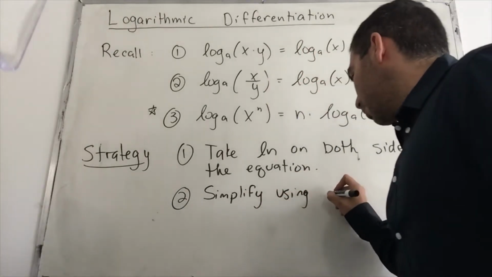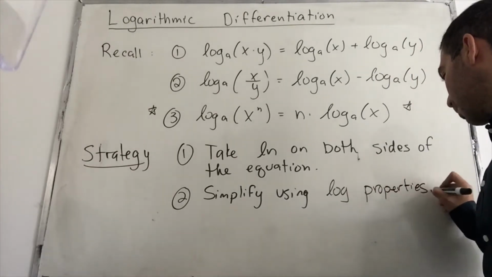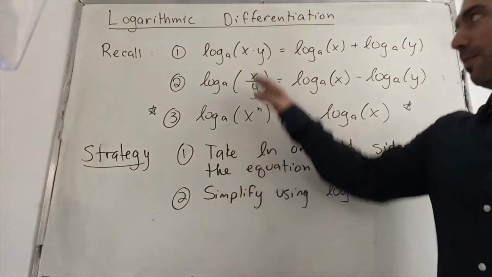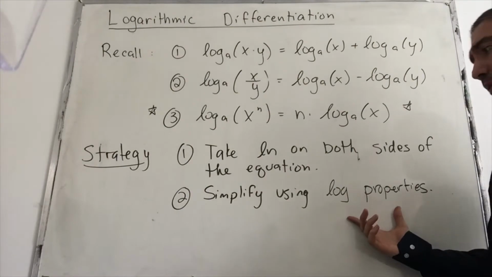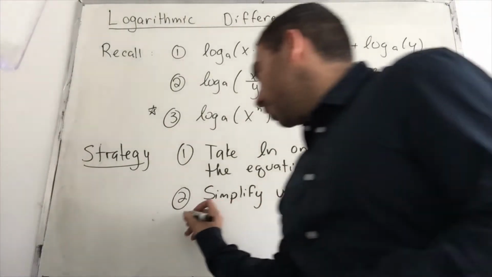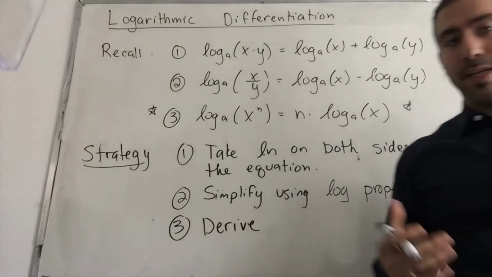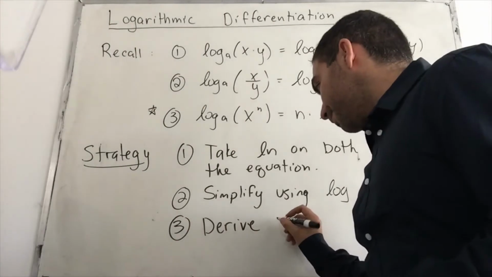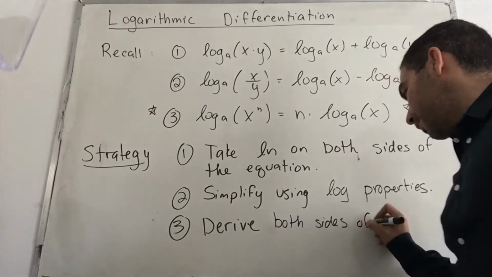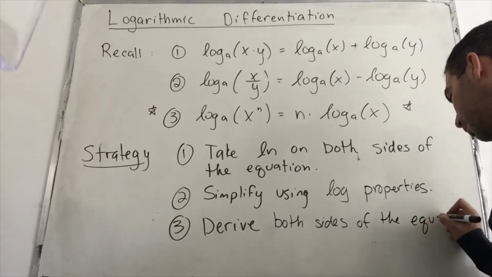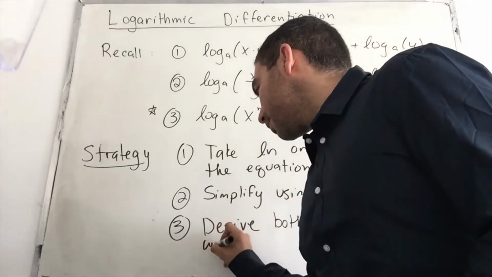Depending on the problem that's given, it's going to be a combination of these three, typically. Step 3, we are going to derive both sides of the equation using implicit differentiation, with respect to x, just to clarify.